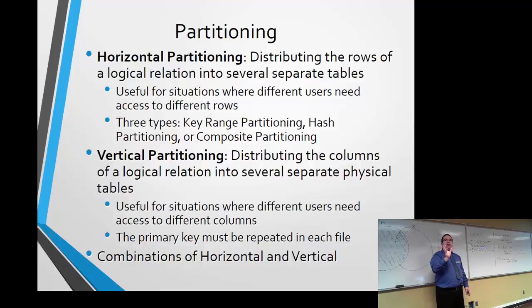Then maybe you have another table with their common payment options, and another table that has their preferences. Usually when you search for preferences, you want all of them to come up at the same time, just as you want all the address information at once. Rarely will you pull up their payment information and their preferences at the same time. Theoretically you could, but normally you treat that as two separate transactions.